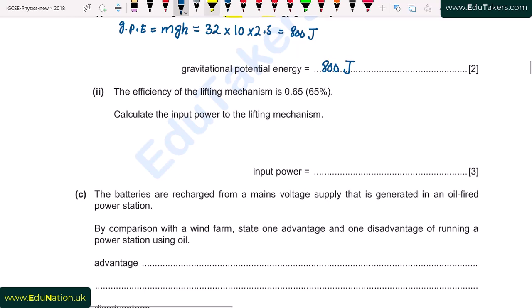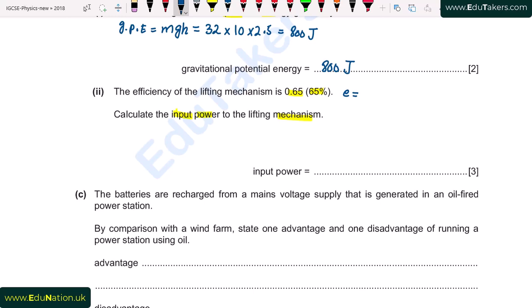Part 2. The efficiency of the lifting mechanism is 0.65, that is 65%. Calculate the input power to the lifting mechanism. Here we have to find out the value of input power. So efficiency is given and we have to find out the value of input power. For this we know that efficiency is equal to useful work.